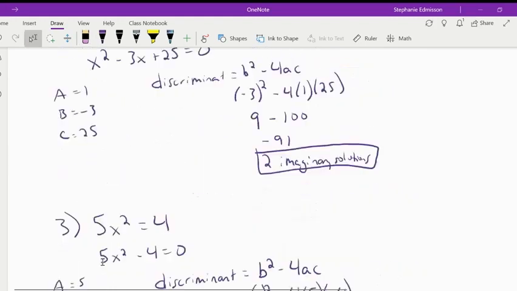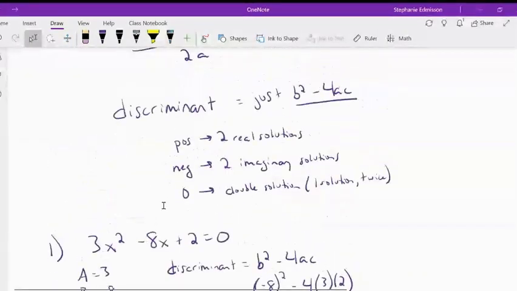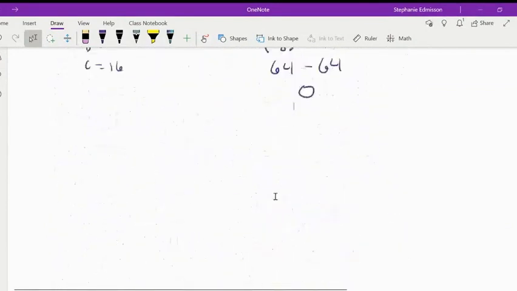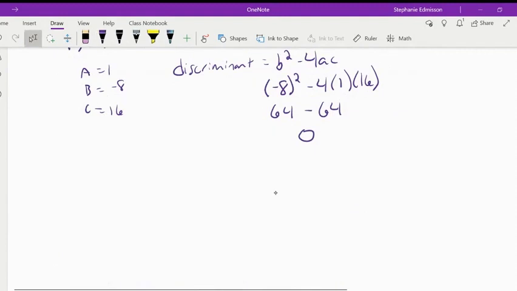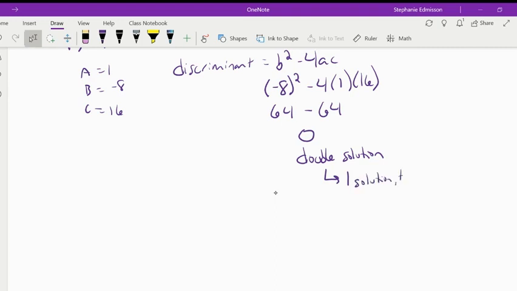If I scroll up, I can see that if I have 0 as my discriminant, I know I'm going to get a double solution. So I'm going to go ahead and write double solution. So my discriminant tells me that my answer is going to be a double solution, which basically means one solution or one answer twice.